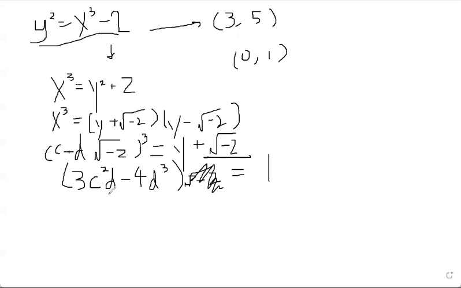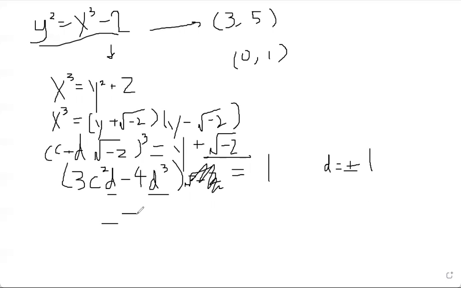Once again, we see that this left side is a multiple of d. d is an integer, so d divides 1, so d has to be plus or minus 1. Now we can look at the two cases. If d is equal to 1, we have 3c squared minus 4 equals 1, so 3c squared equals 5. 5 is not a multiple of 3, so that's not going to work out. Then we look at the other case, d equal to negative 1.